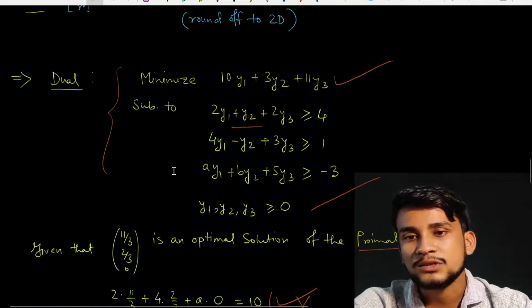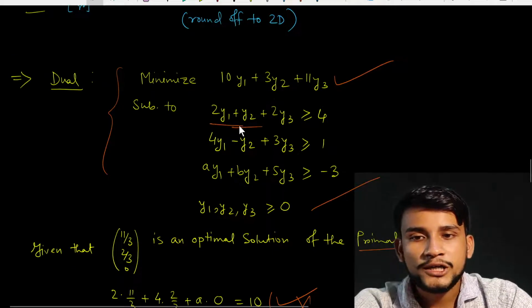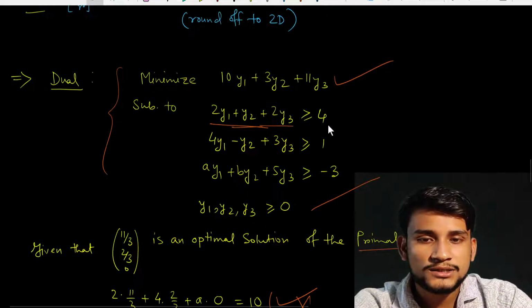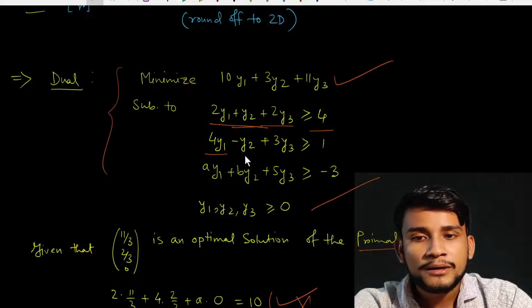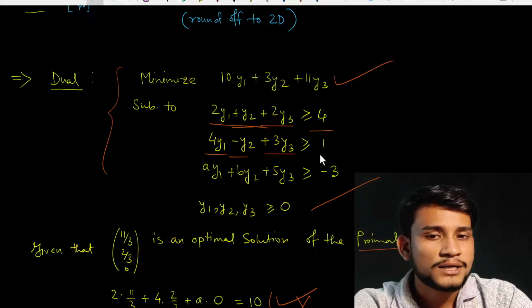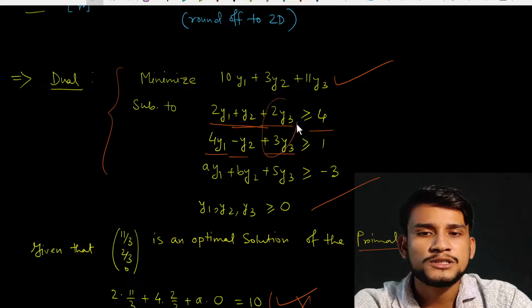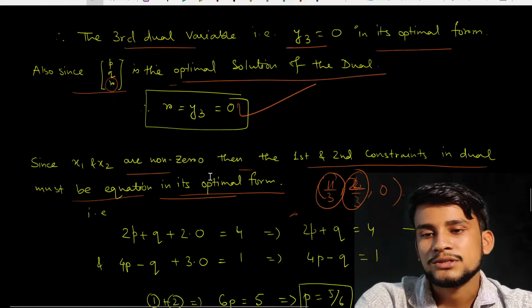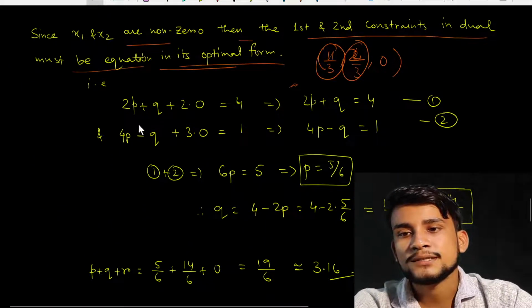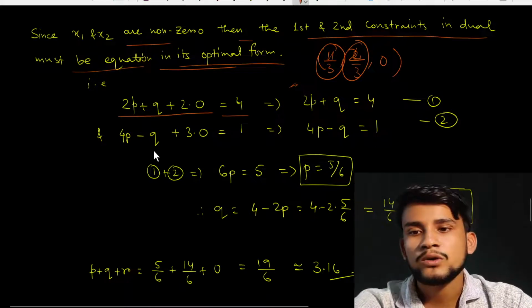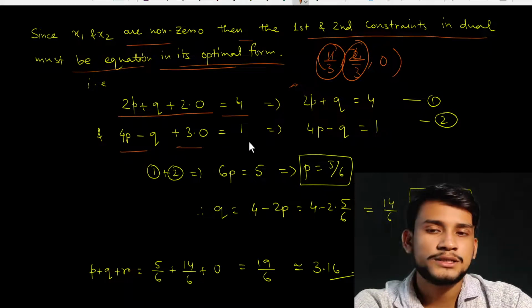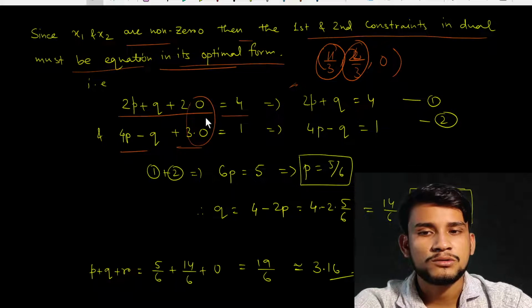So we write 2p plus q plus 2r equal to 4, and 2p minus q plus 3r equal to 0, and r equal to 0, therefore this part is cancelled. So this is 2p plus q plus 2 into 0 equal to 4, and 4p minus q plus 3 into 0 equal to 0, since the r value is 0.